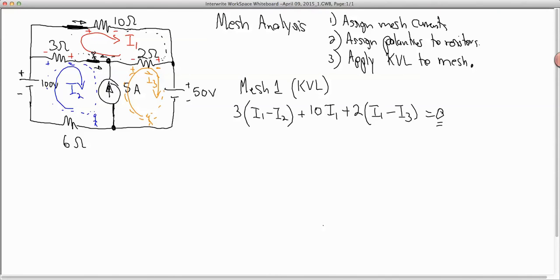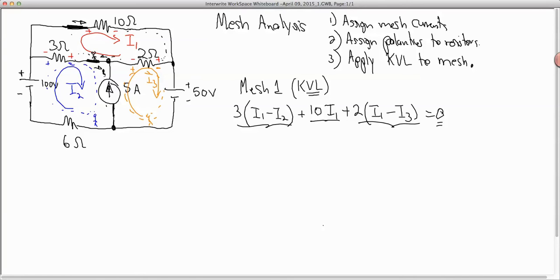And remember that because this is Kirchhoff voltage law, all of these are voltages. If you see the units, these are voltages. So the problem is that when we get to this point, the question is, what is the voltage across a 5 ampere current source? And we don't know.